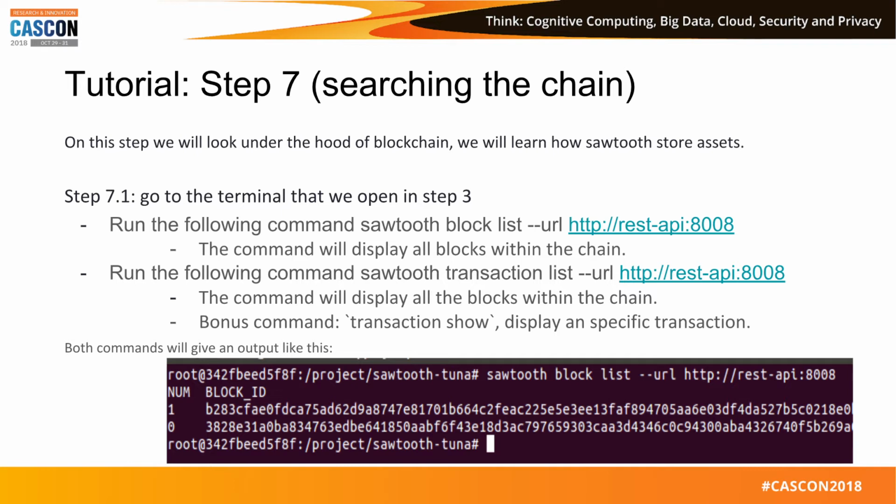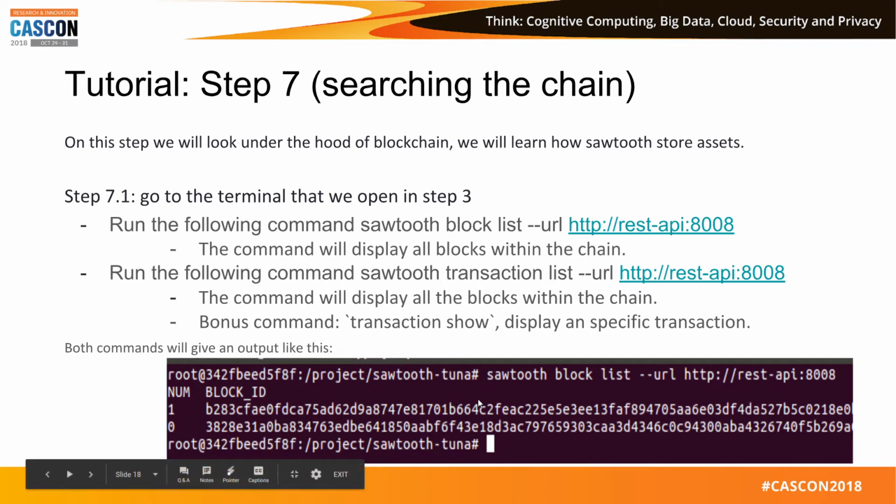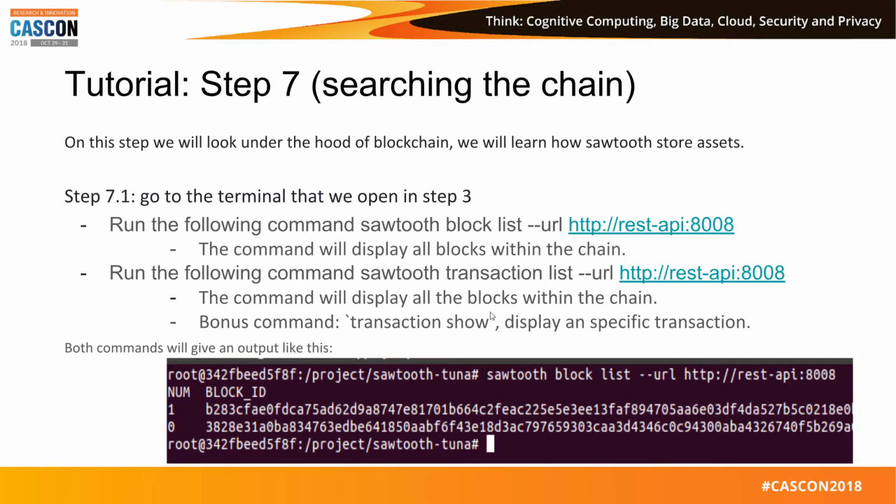So on the second terminal, run the commands sawtooth block list and sawtooth transaction list, and you will see something similar to our image below. What we're looking at is the blockchain, the information that is stored in our computer. This is similar to running a query to a database, basically.